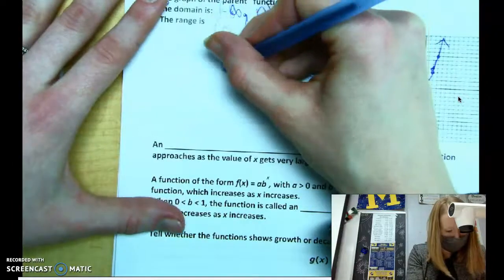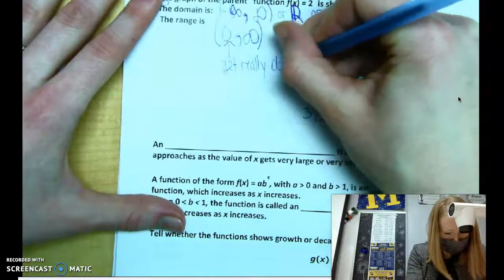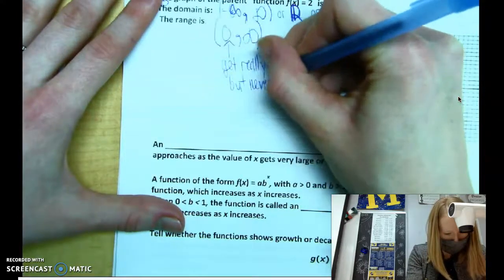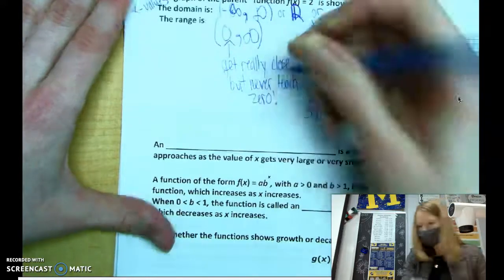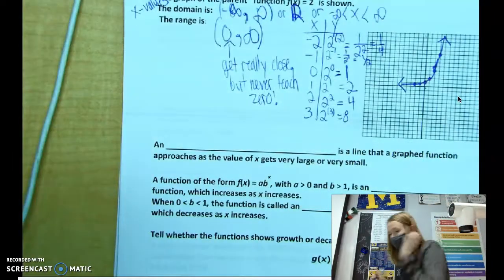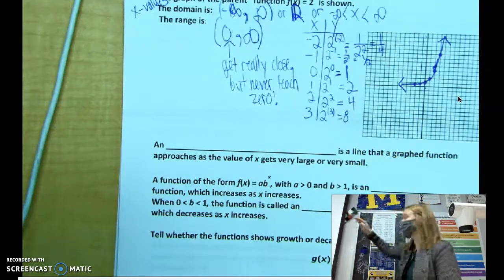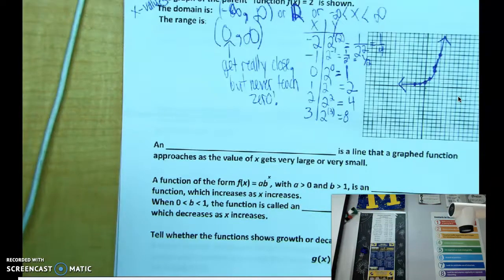So we get really close to 0. So this idea of approaching a number, if you look in the y direction, we're getting really, really close to 0, right? But we're never actually going to get there.